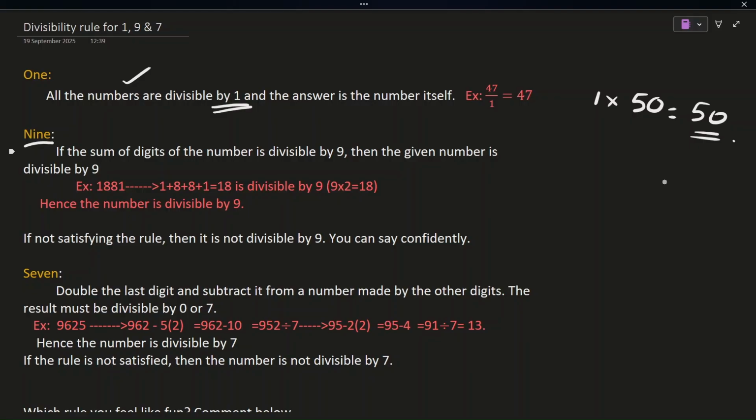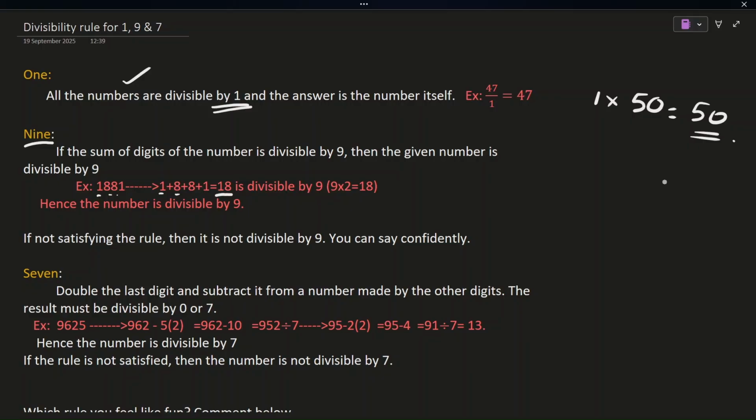9. If the sum of the digits is divisible by 9, then the number is divisible. This is the same as the divisibility rule for 3. In this example, 1881, if we add these digits, the sum is 18, and that is also divisible by 9, as 9 2s are 18.